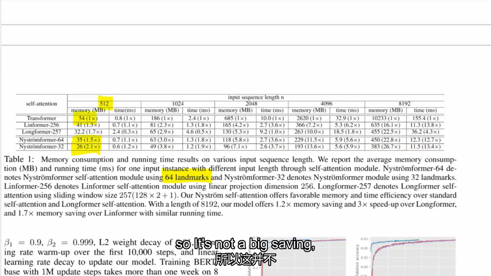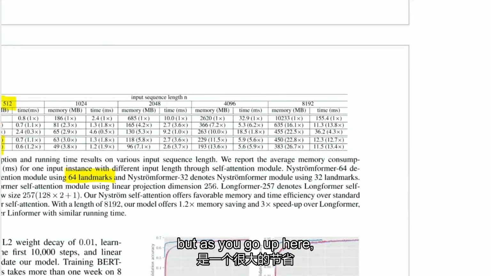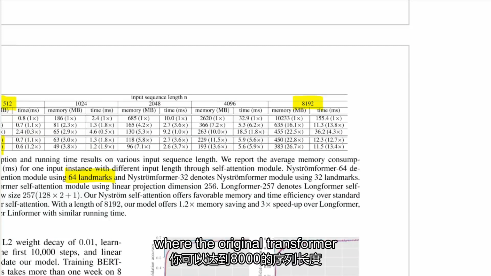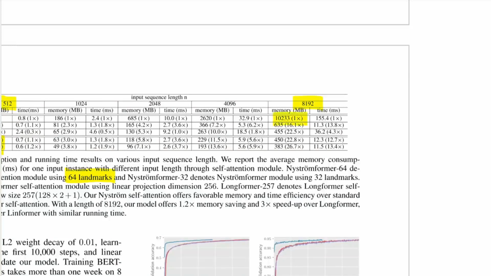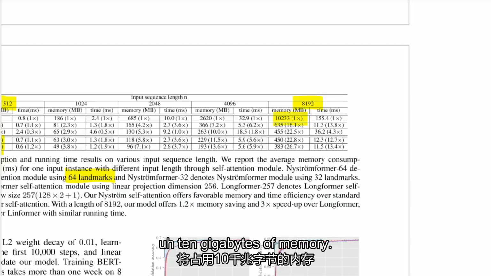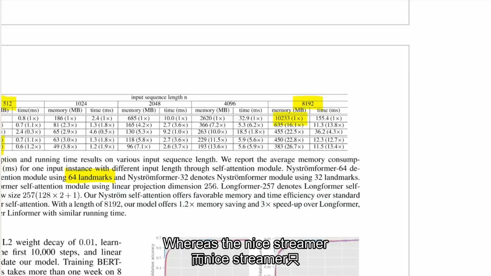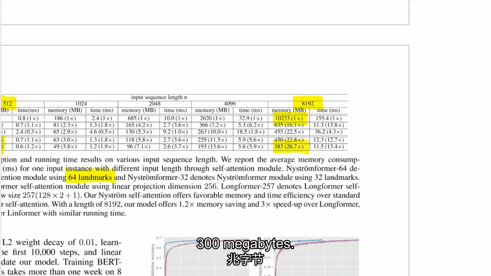So it's not a big saving, but as you go up here, you can go up to a sequence length of 8,000, where the original transformer will take 10 gigabytes of memory, whereas the Nyströmer only takes 300 megabytes.